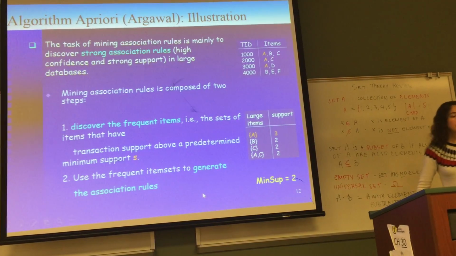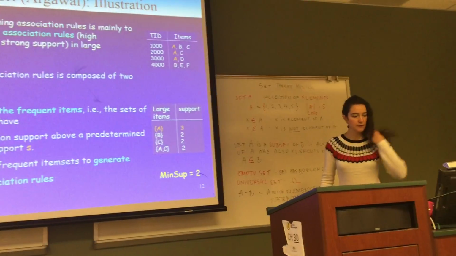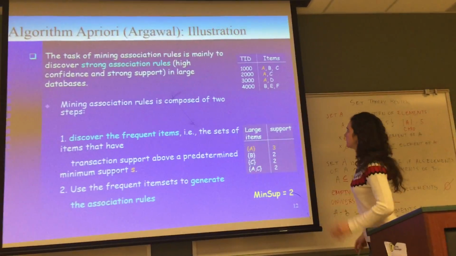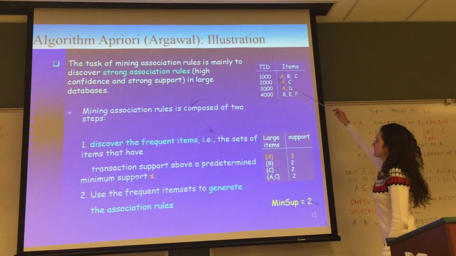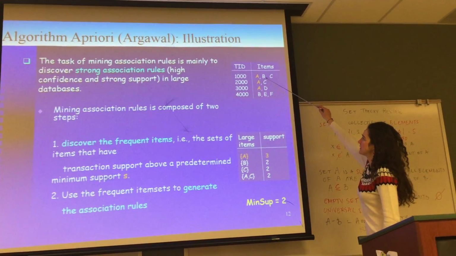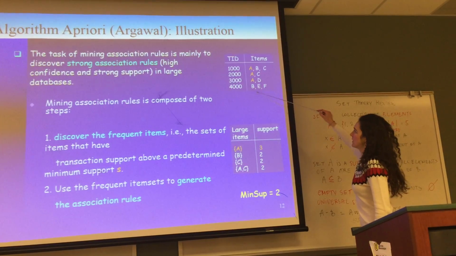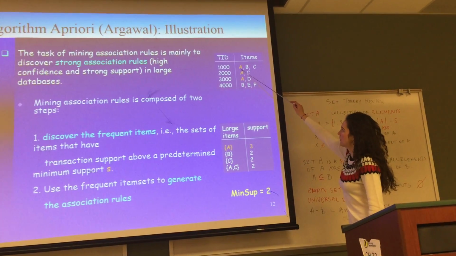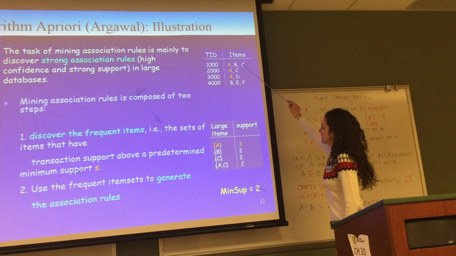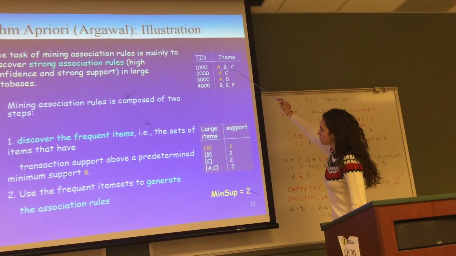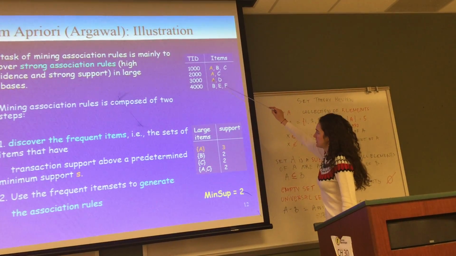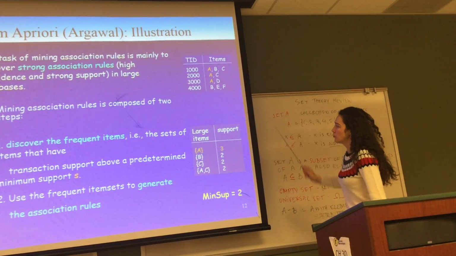So the way this algorithm works, and we'll do an example of this next time. These are our transactions, 1, 2, 3, 4. These are the items in the transactions. And so that's the first set, ABC. Next one is AC, AD, BF.